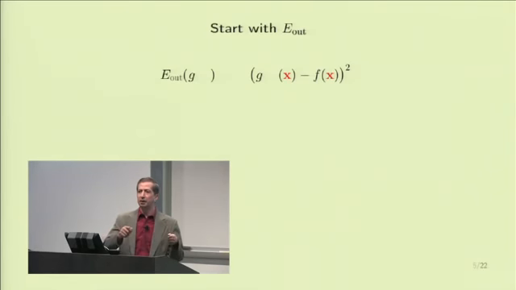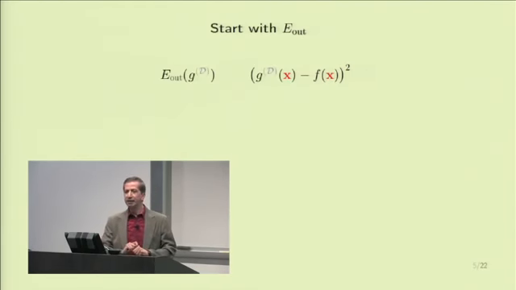It has always been there, but I didn't need to carry ugly notation throughout when I'm not using it. Here I'm using it, so we'll have to live with it. So now, I'll make that dependency explicit. I'm having now a superscript, which tells me that this g comes from that particular data set. If you give me another data set, this will be a different g. And you take the same g, apply it to x, compare it to f, and this is your error.